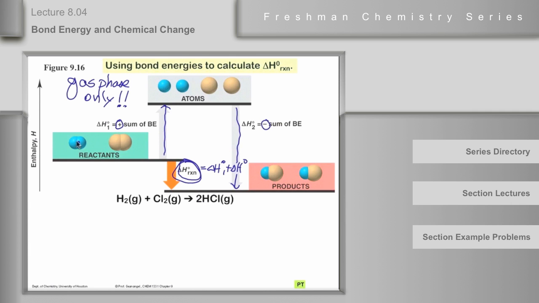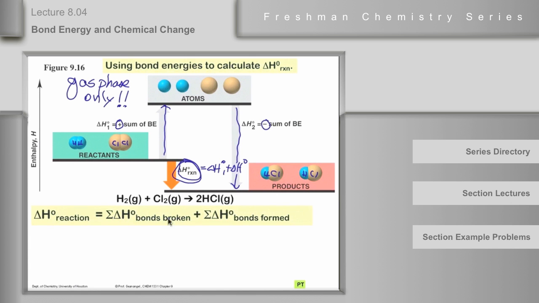So in looking at this, if this is H2 and this is Cl2, then this will be HCl, and this will be HCl. And the delta H for this process can first be expressed as the delta H of reaction is equal to the summation of delta H of bonds broken.